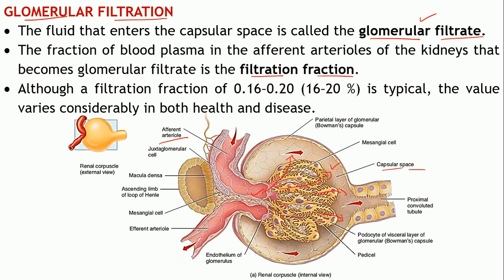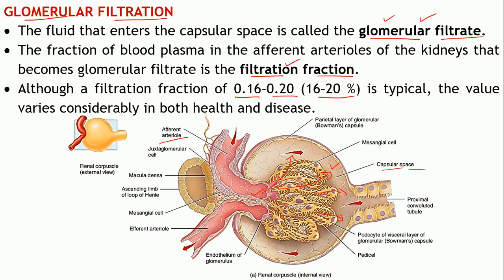So, out of the total volume of the blood which is presented over here, how much is getting converted into glomerular filtrate, that is known as the filtration fraction. This filtration fraction is usually roundabout 0.16 to 0.20, that is 16 to 20% of the blood gets filtered out.